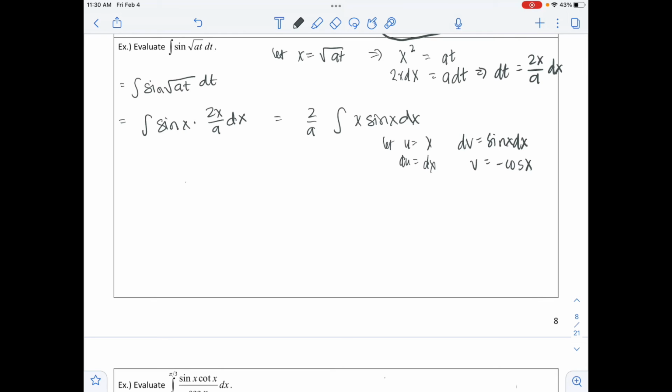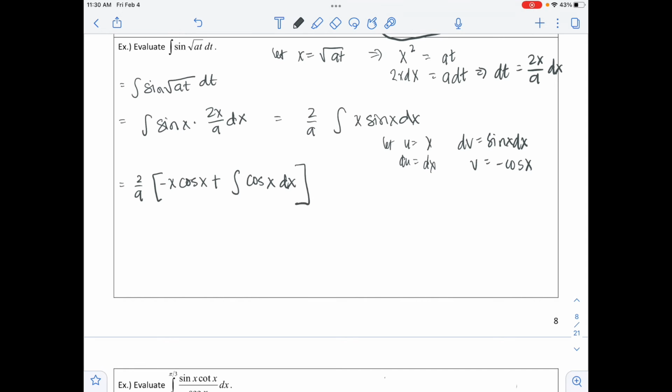So using our integration by parts, my integral is now going to become, and I have a 2 over a out in front, and then it's u times v, so it's x times negative cosine of x, I'll put the negative out in front, minus the integral of v du, and so it's negative cosine of x, again I'm going to pull that negative out and make that positive, and then dx.